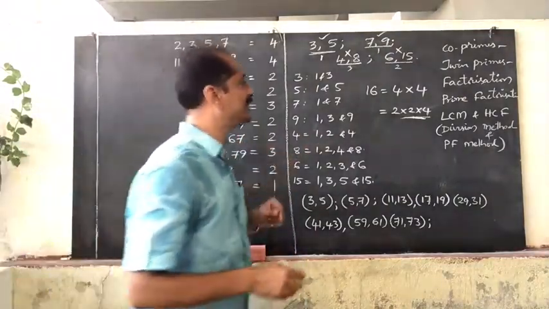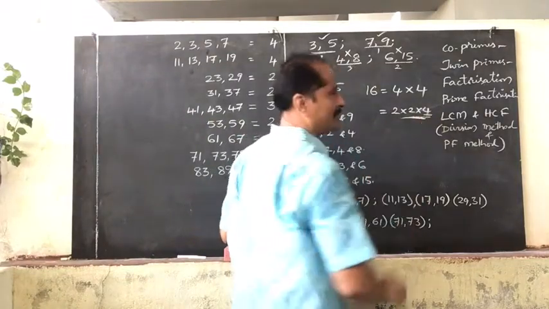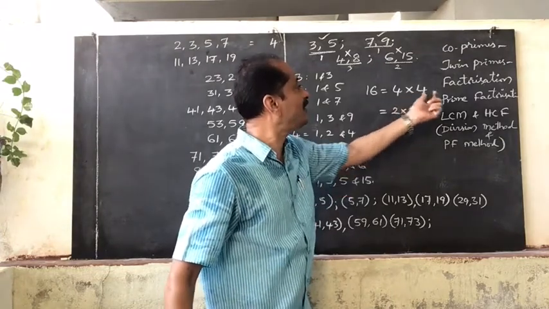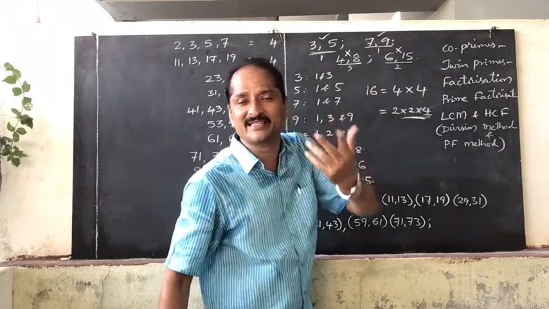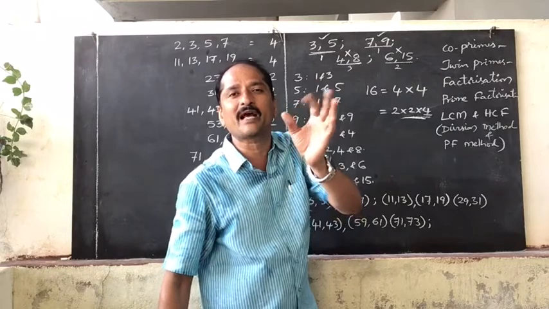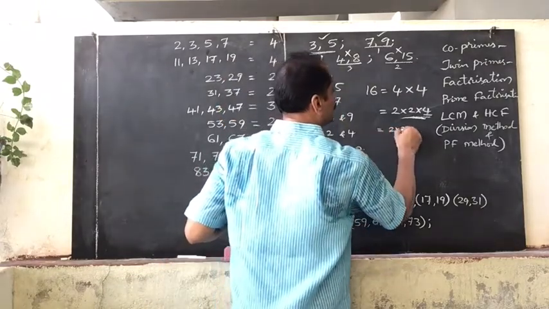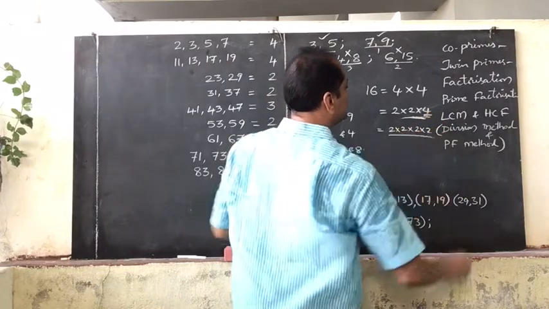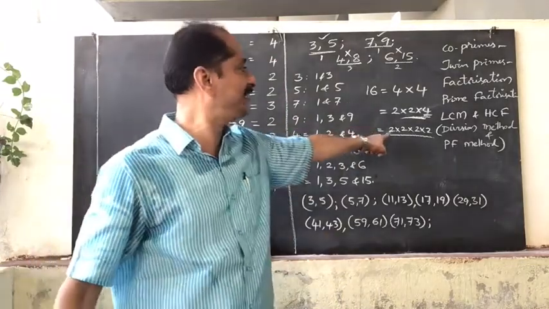Here in 16, 2 is a prime number, but 4 is not a prime number, so 4 into 4 is a factorization. But prime factorization means all the factors must be prime numbers. So 2 into 2, and this 4 you divide again into 2 into 2. This is called prime factorization.